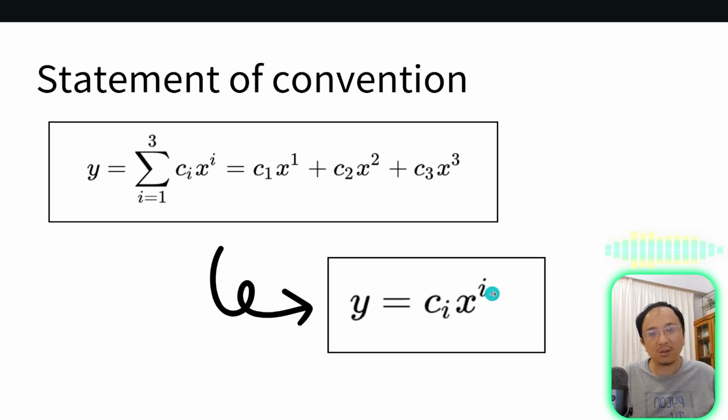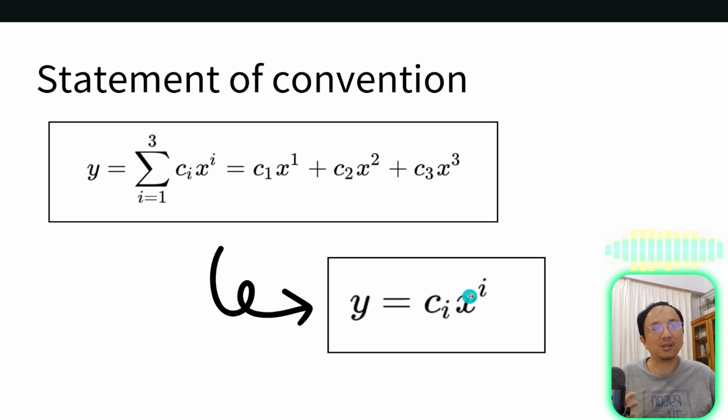And we know that whenever we have two i's or two j's, or two of anything together, we sum them up. In some situations, only one i on the subscript and one i on the superscript can be contracted, or summed up together.